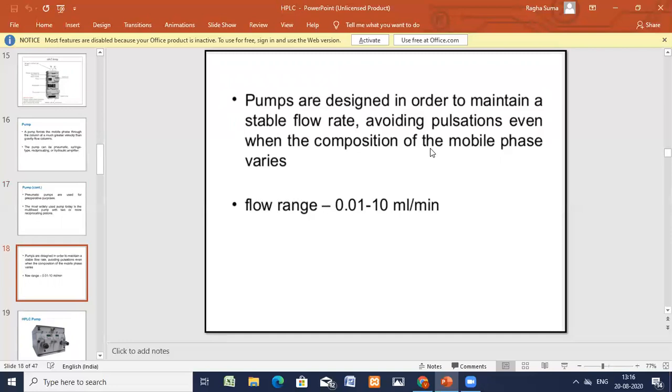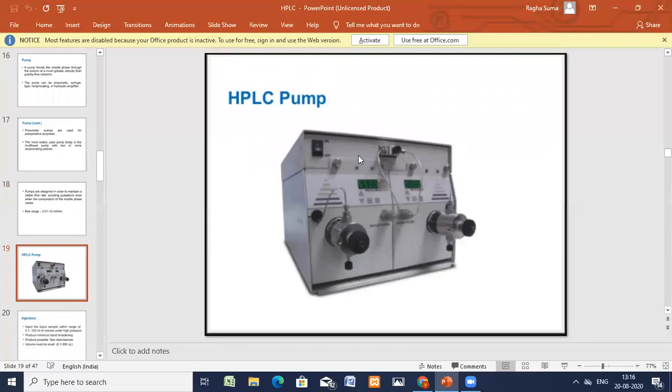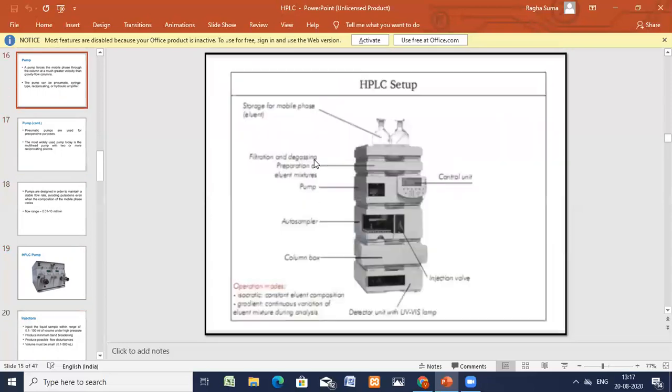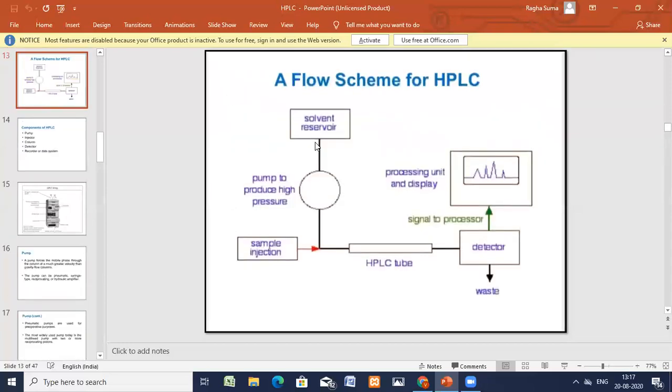At that time, to avoid pulsations, the pump is designed for a stable flow rate. The general flow rate is 0.01 to 10 ml per minute. Here you can see an HPLC pump. Generally, as you have seen in the diagram, this pump produces high pressure.